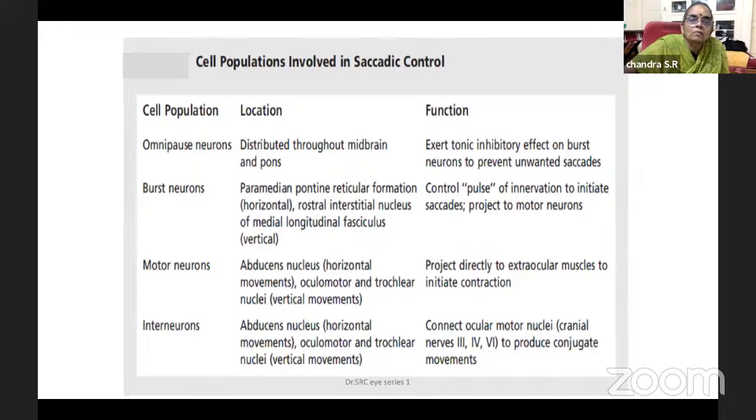Then you have the cell populations in saccadic control. You have the burst neuron, the omnipause neuron, and the tonic neuron, and you have the lower motor neuron which executes it.